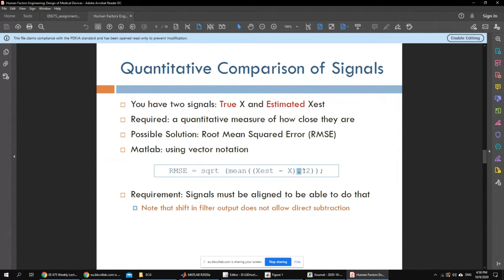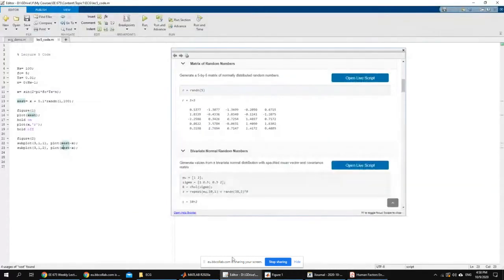So when you use a dot operator in MATLAB, as you know, you apply this operator to each individual element here. So let's just put it here, the exact same way. Let's see the difference between these two.